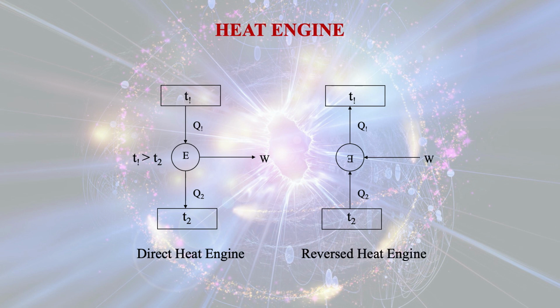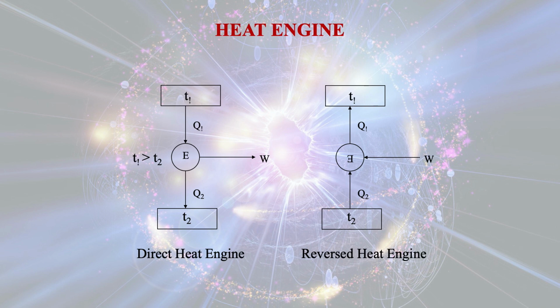We call it low temperature reservoir. But one thing you have to be very careful, that T1 is always greater than T2. That means the temperature of the source is always greater than the temperature of the sink.